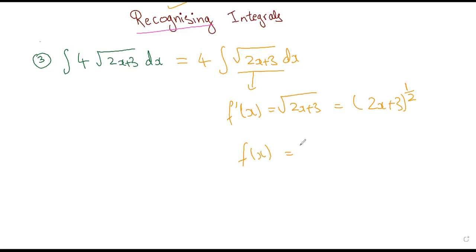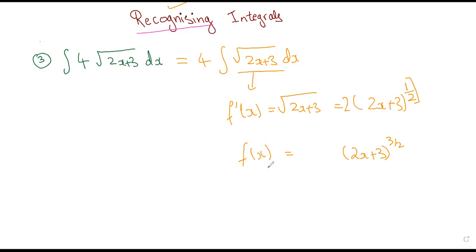If we have a function with power 2, 2 comes directly and then we subtract 1 from the power. So if this power is 1 by 2, it means in the original function this would have been 3 by 2, right? Yes. And another thing is missing. There's a 2 here. So this function should have a 2 here.